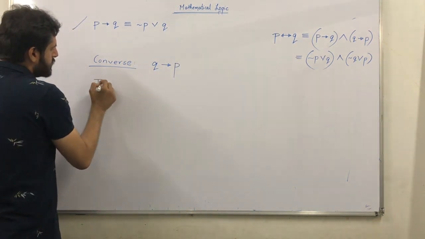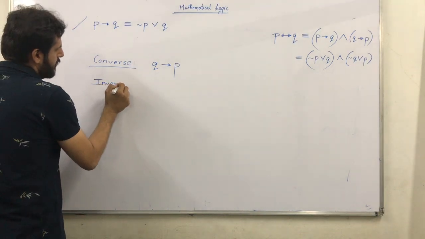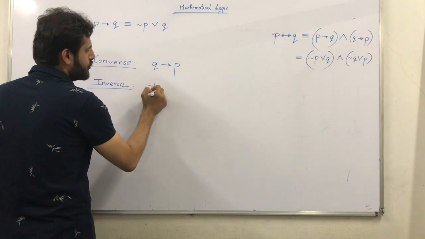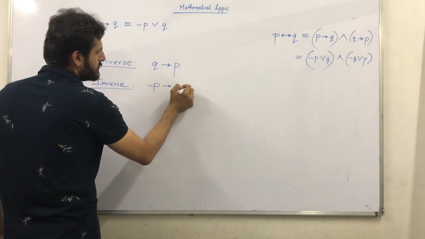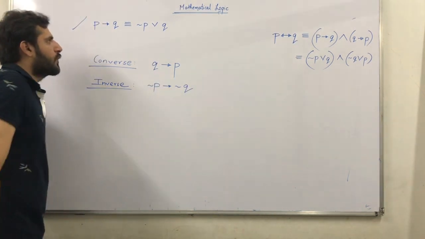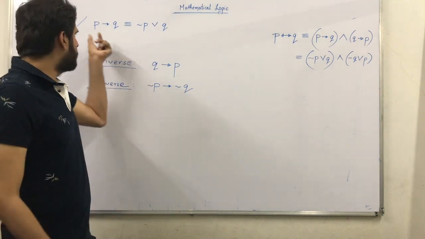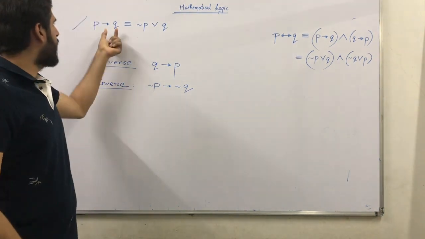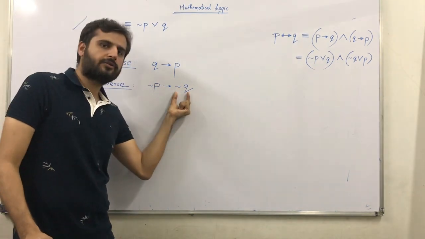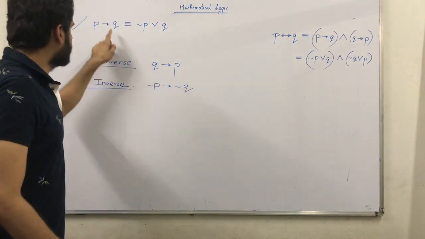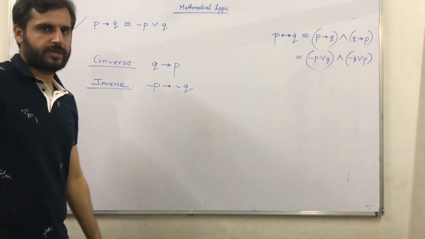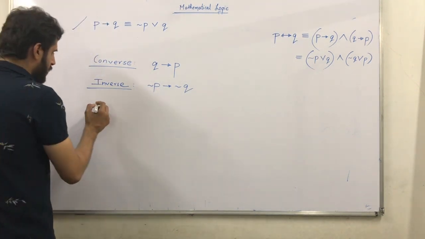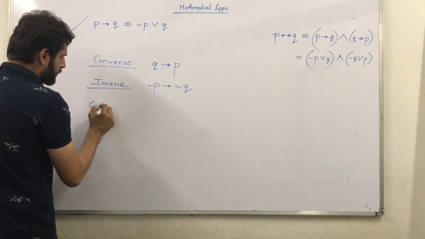Okay, inverse. In inverse, it is negation P implies negation Q. So in place of P you will have to write negation P. In place of Q you will have to write negation Q, and the implication sign will be there. So it is negation P implies negation Q. And then there is contrapositive.